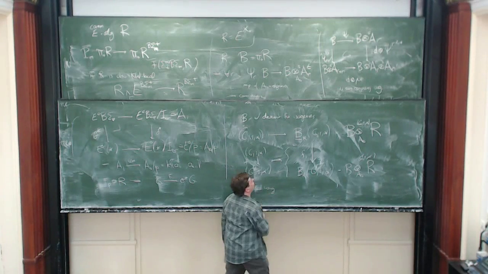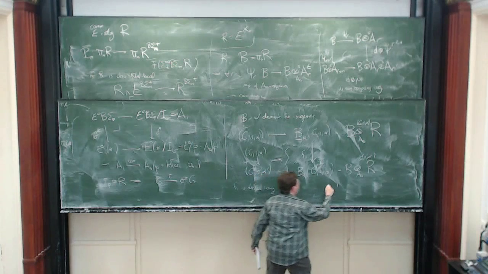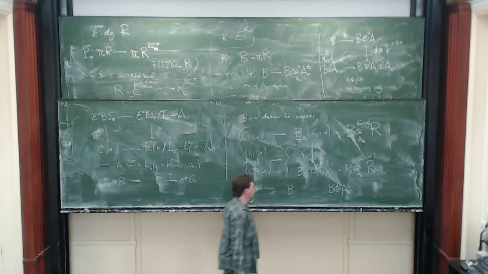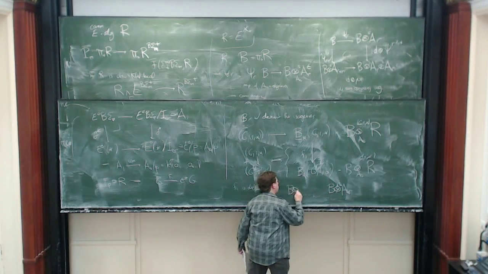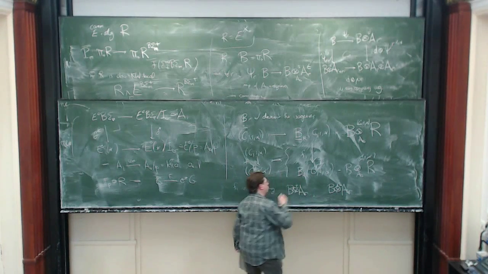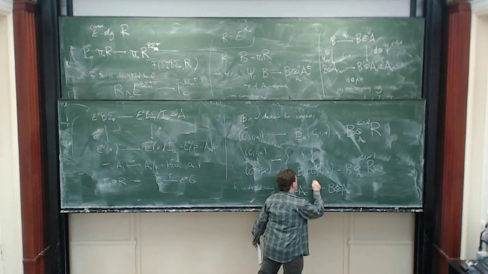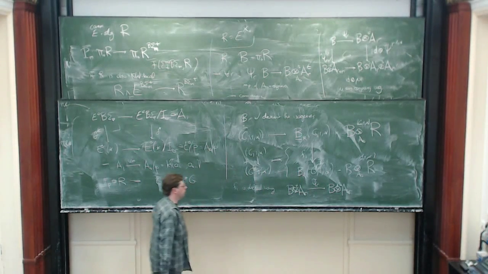So I had this map psi r from B to B tensor over AR, decorated by S. But I could tensor that up to a map from B tensor over AR with T. So I'll call this psi r twiddle. I've just base changed up.